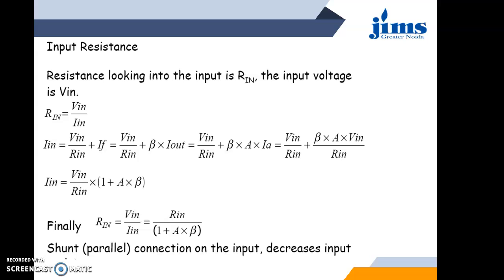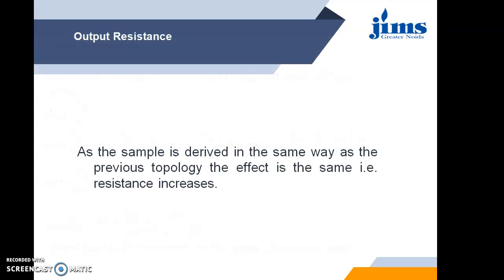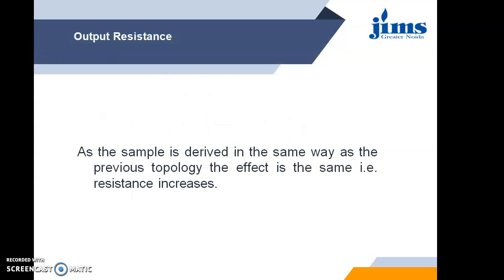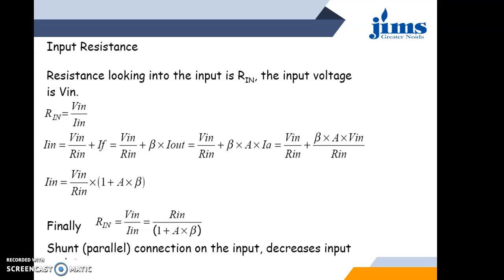So the input impedance decreases, whereas the output port is in series and the effect is the same, that it increases. So here we have the opposite impedance effect of the first case. In the first case the input was increased and output was decreased, but in this case the input is decreased and output is increased. In both ways it is a drawback, so it is the poorest configuration in terms of impedance.